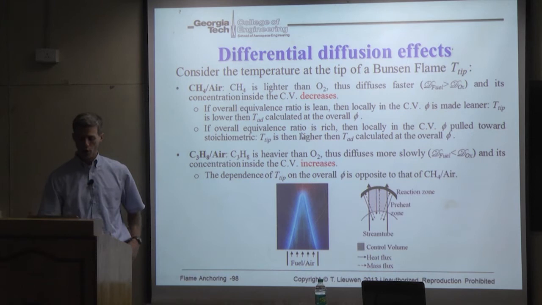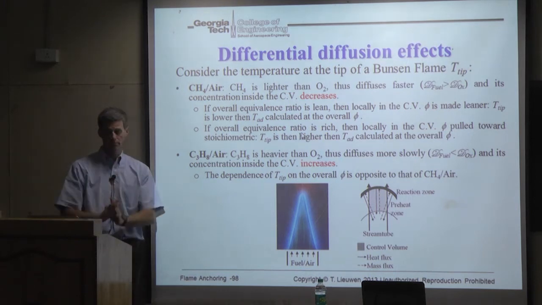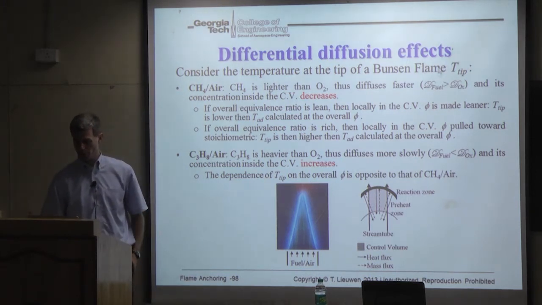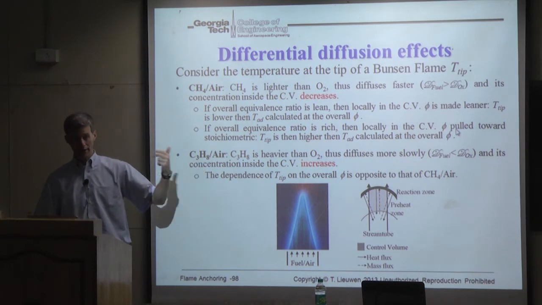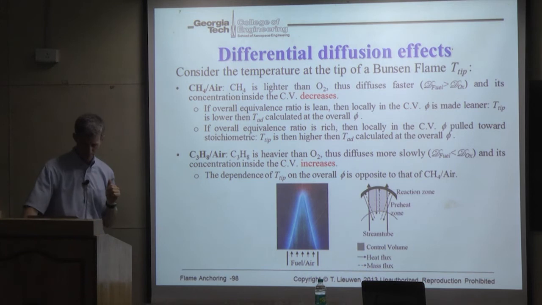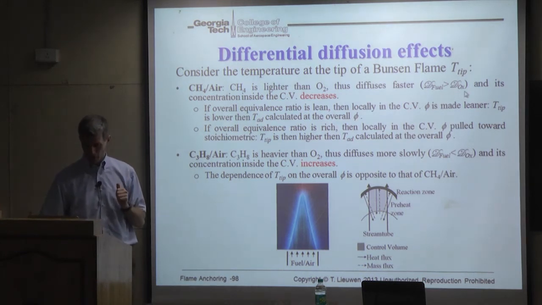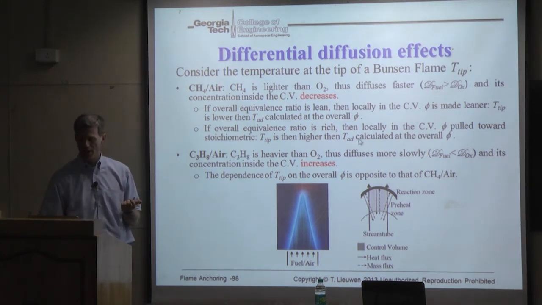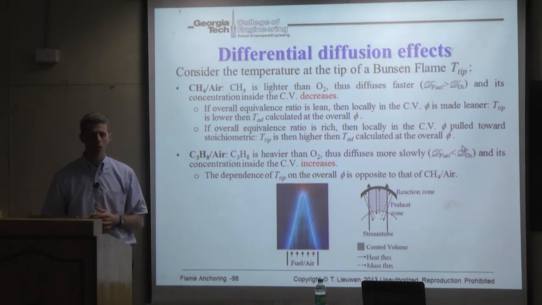In contrast, if your overall equivalence ratio is very rich, then locally phi is going to be made leaner. It's going to get pulled towards stoichiometric, and the temperature will be higher than T adiabatic, which will be calculated at your global phi.